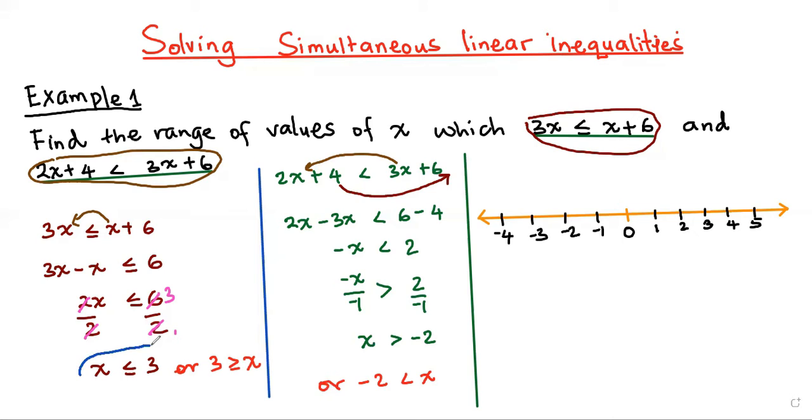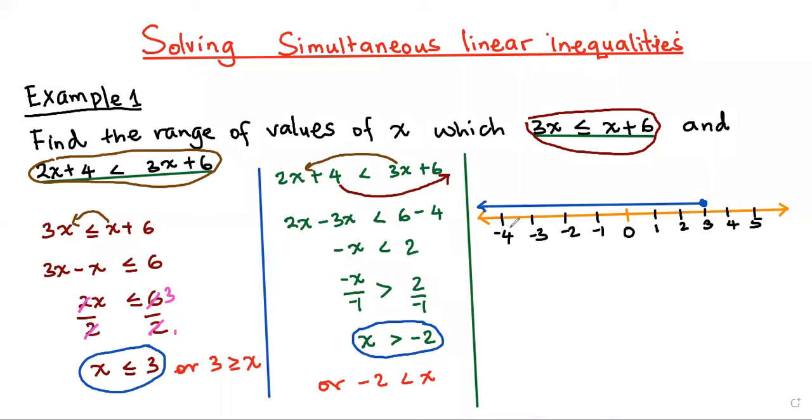Okay. Now, let us show x is less than or equal to 3. So it means that I will go at 3, I use closed circle, then I go to the left. Now, when I finish that, I will come and show x is more than -2.